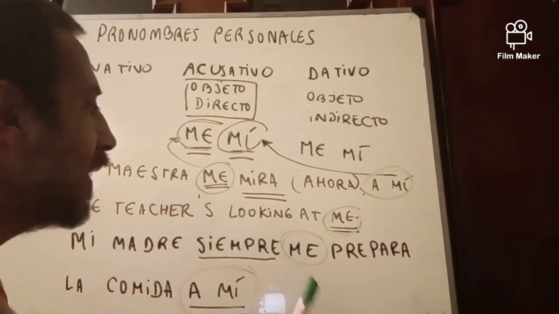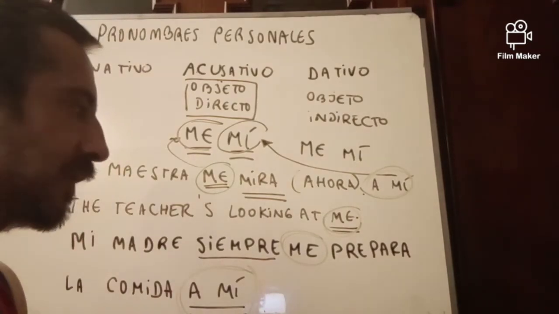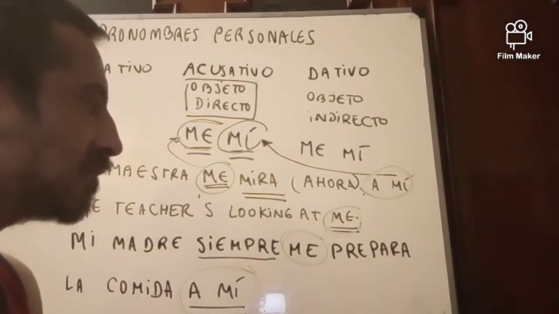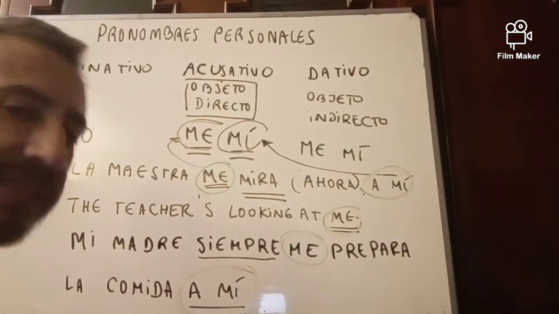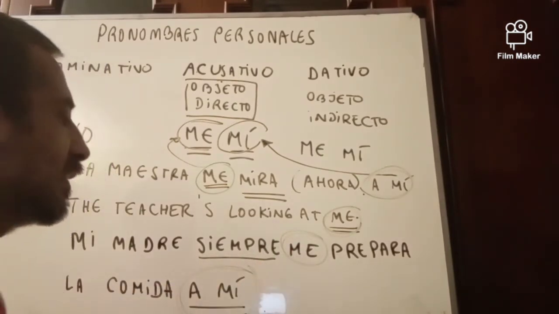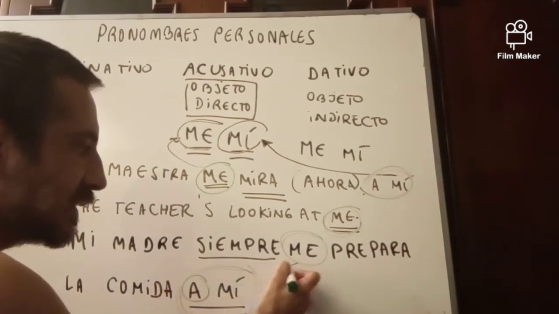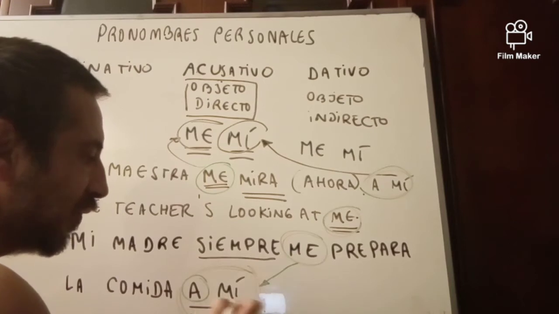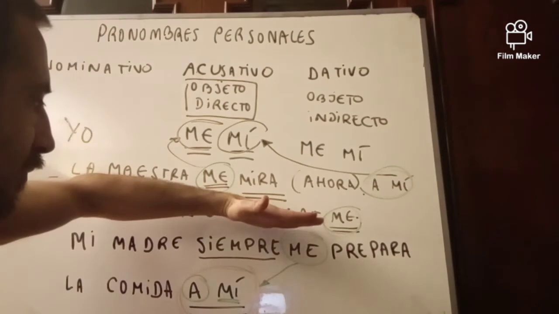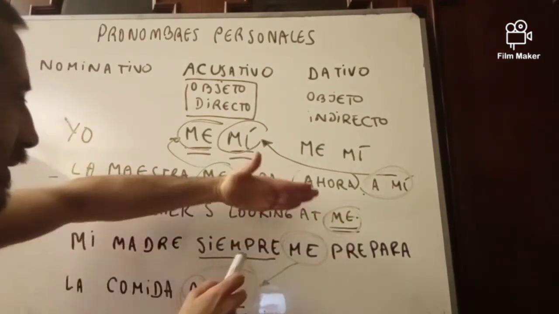My mother always makes me my lunch, or makes my lunch for me. Well, in Spanish it's very common that we use it double. But remember, if we have a preposition, we have to change this me for this mí. The meaning is the same.